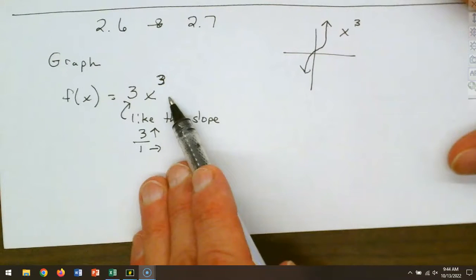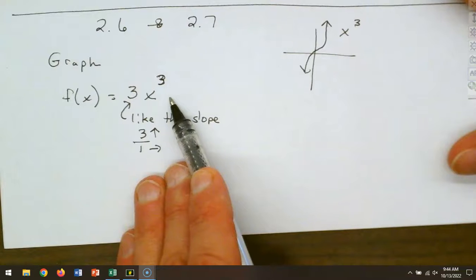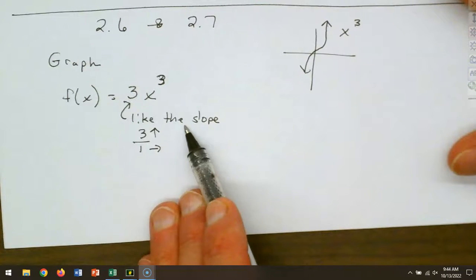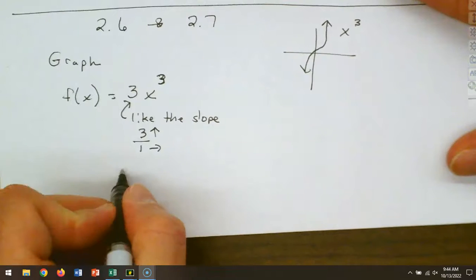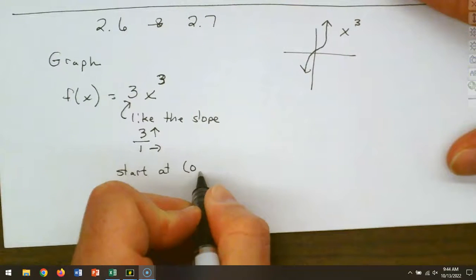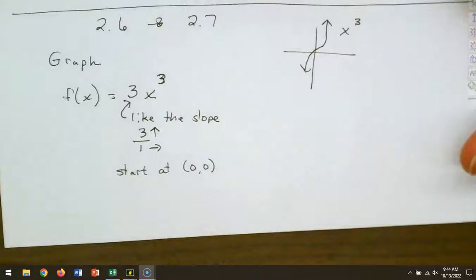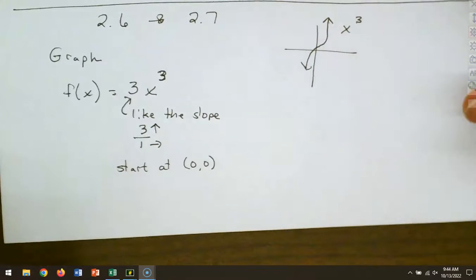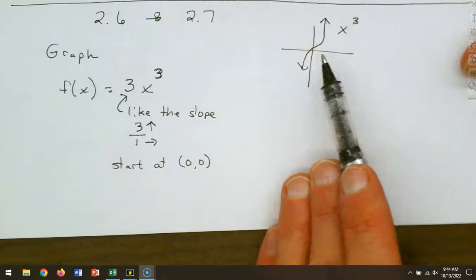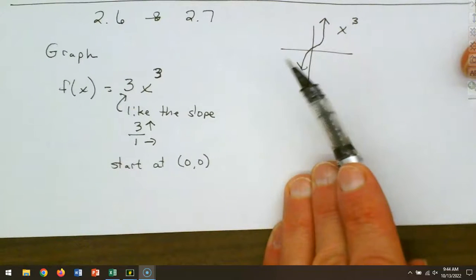Is there any number on the end here? No, there's no other numbers. That 3 is like your slope. There's nothing on the end, so we're going to start at 0, 0. We'll talk about one that has a number on the end in a moment. So this was cubed. The cube makes my graph look like this.